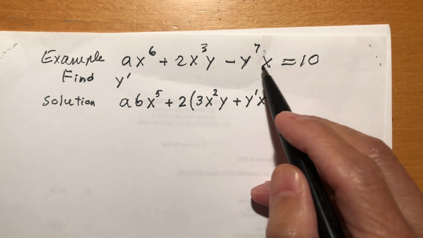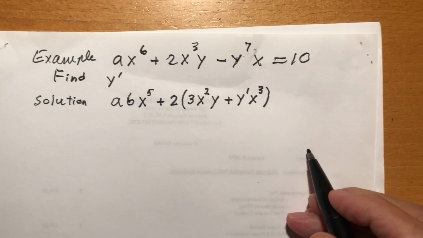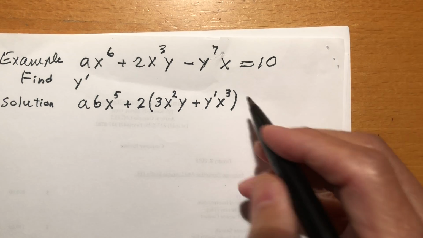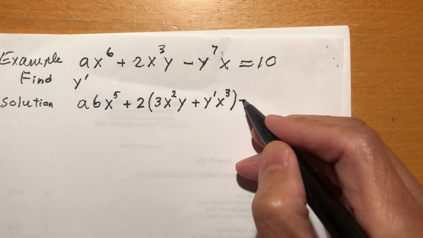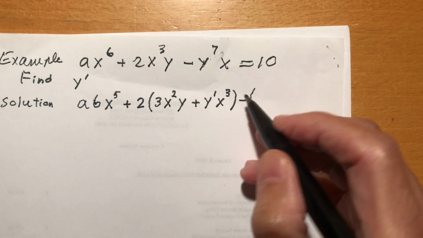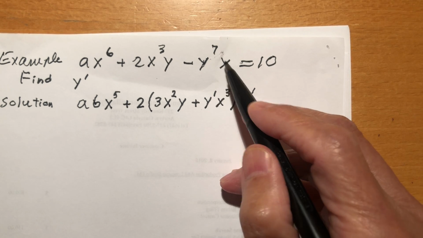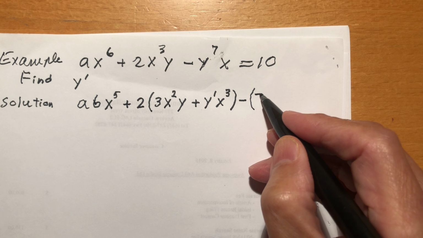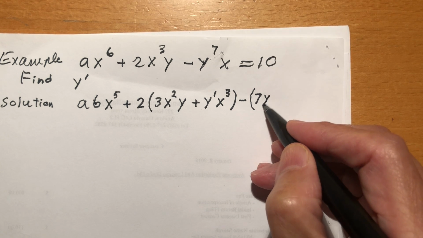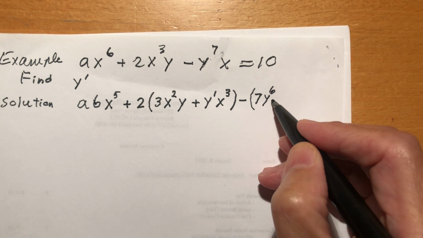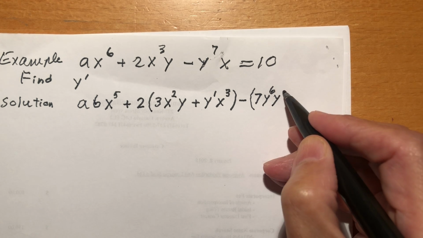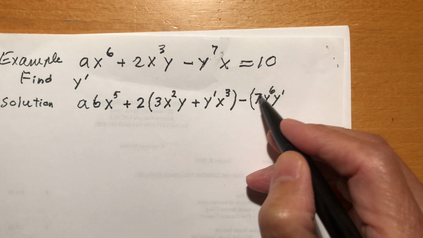Then we do this. This is also a product. So I have minus product. u prime v, u prime is 7y to the power 6 times y. This is our general power rule.